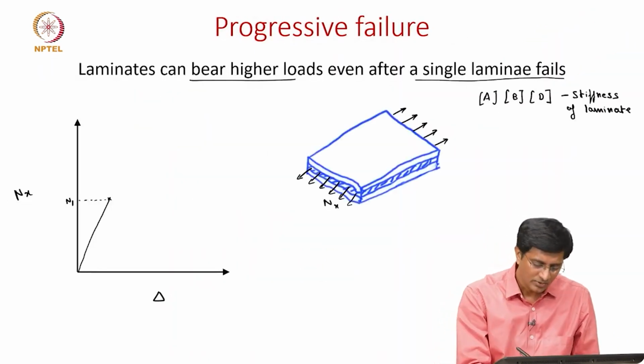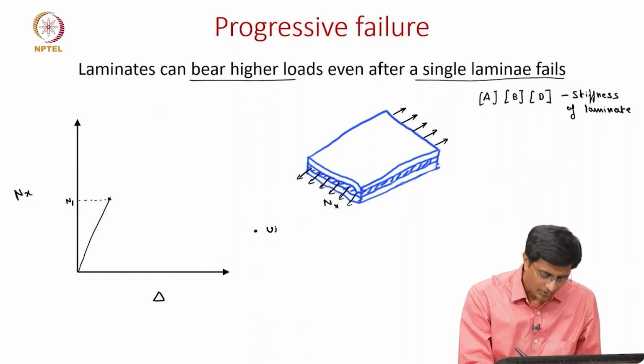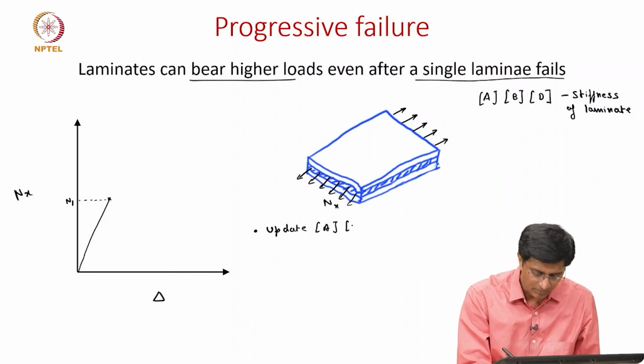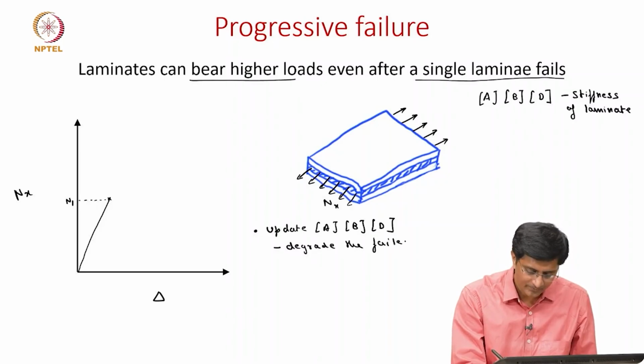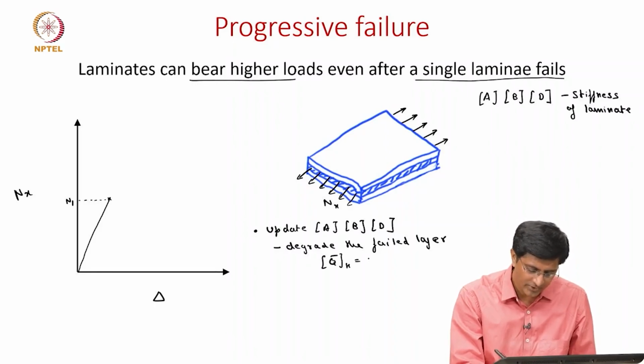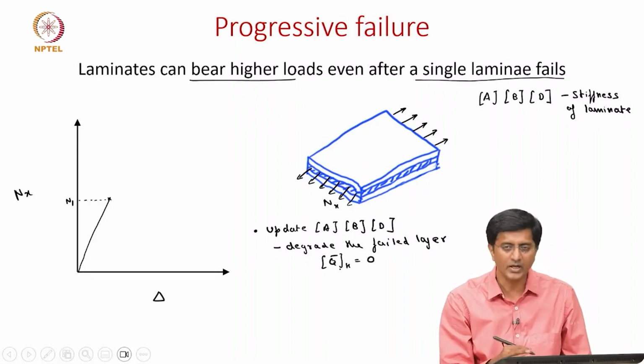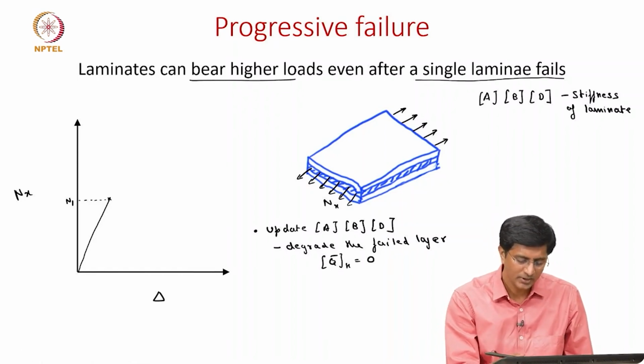As I mentioned, we need to update the A, B and D matrices after failure, and while we update, we ensure that we degrade the failed layer. How do we degrade? Let's say this is the kth layer, we replace it with a 0 matrix, and using this information we update the ABD.